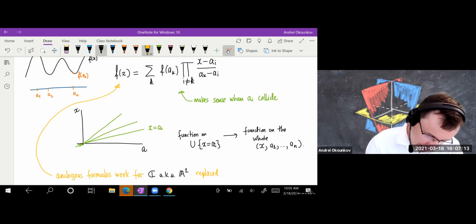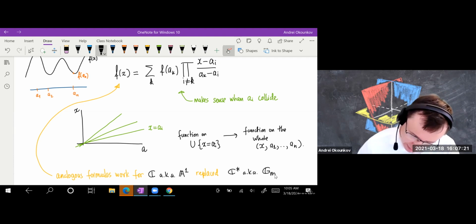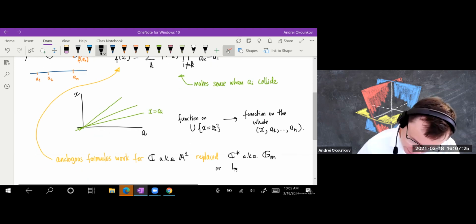So you can replace it by C star, aka the multiplicative group of the field, or an elliptic curve.